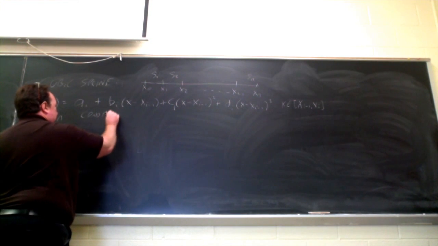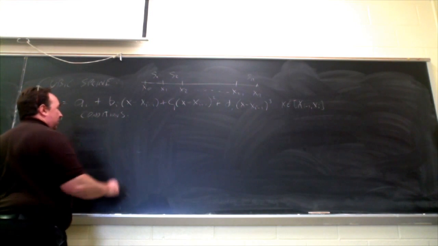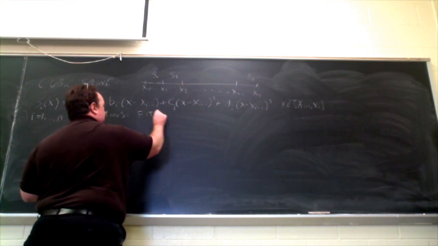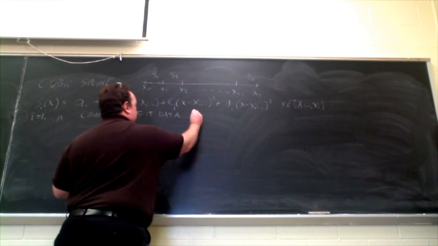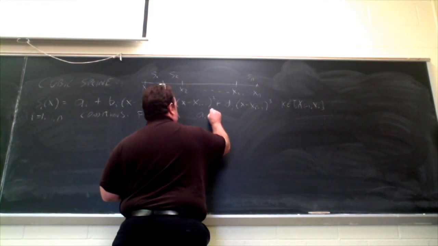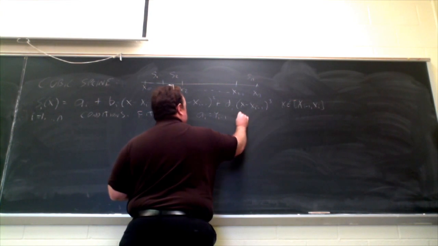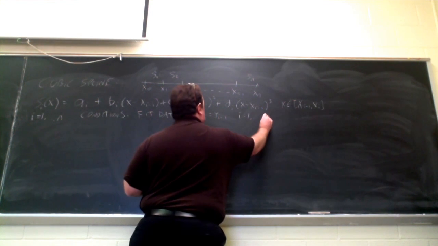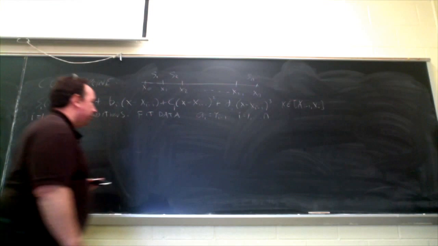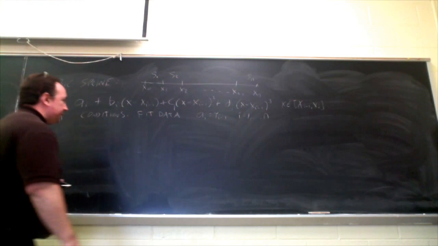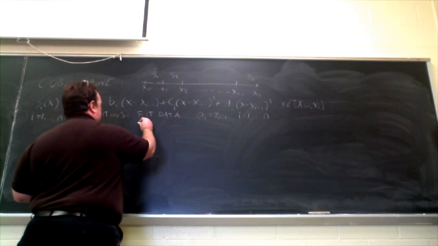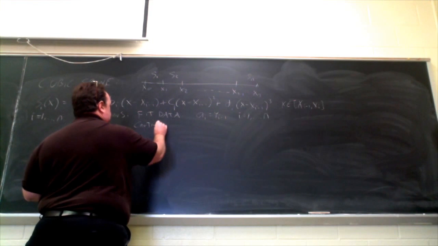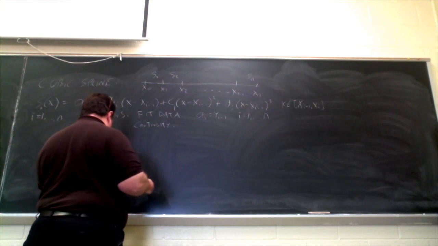To recap from last time, the conditions on these pieces fit the data. So a_i is equal to y_{i-1}. So those are determined. And then we have the continuity condition.